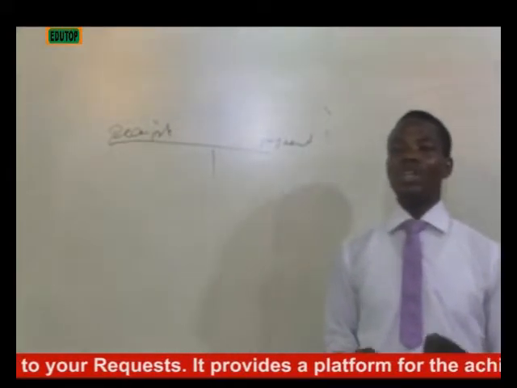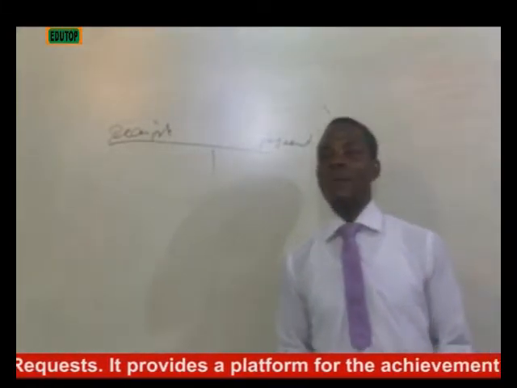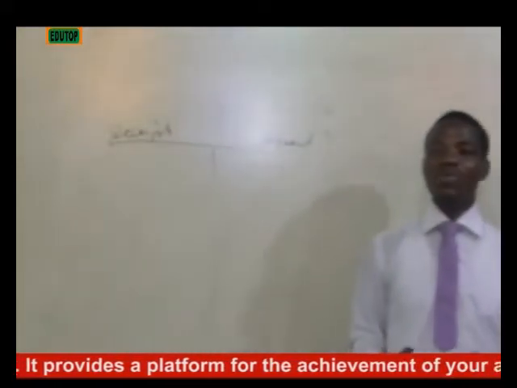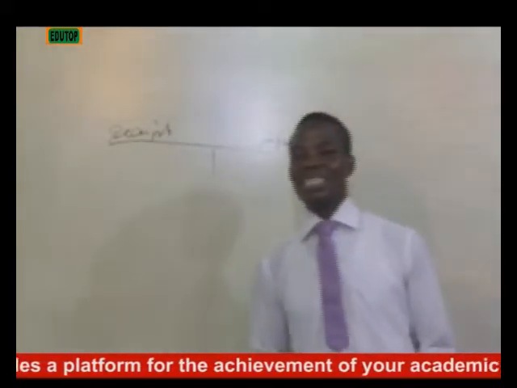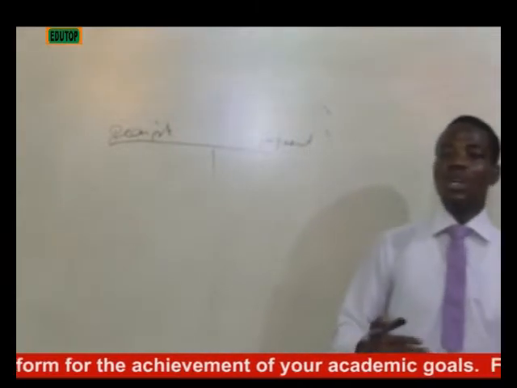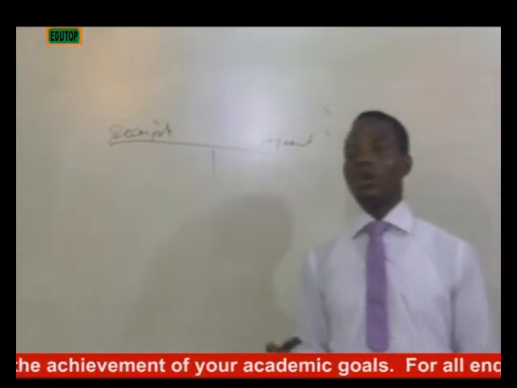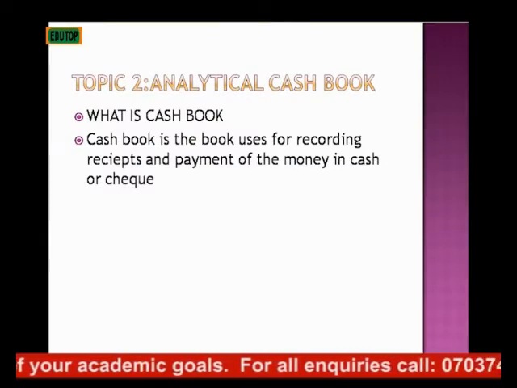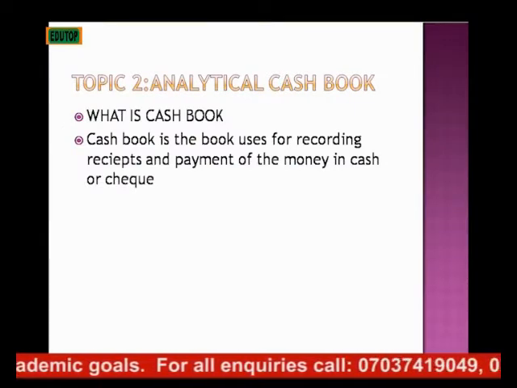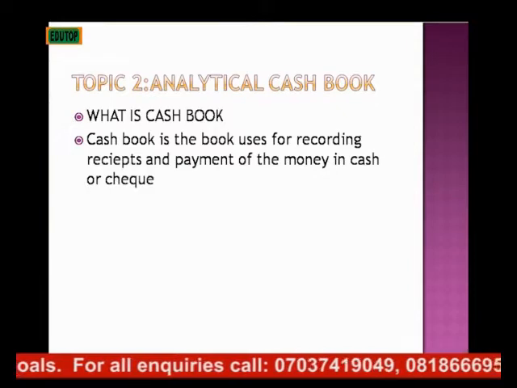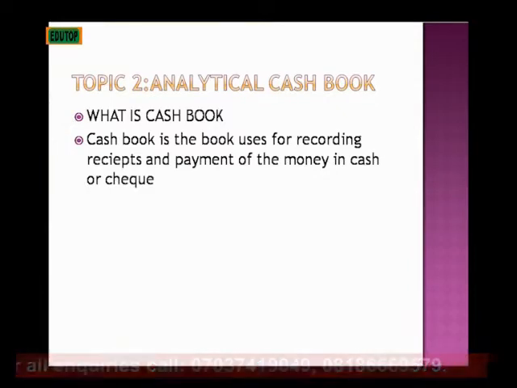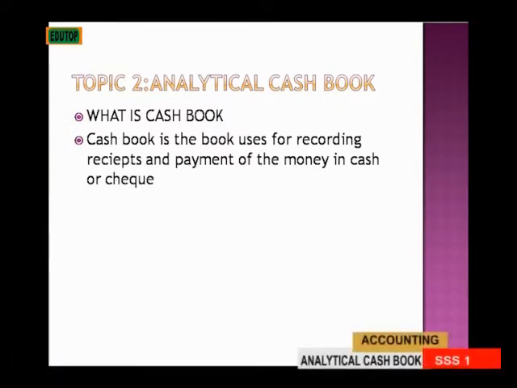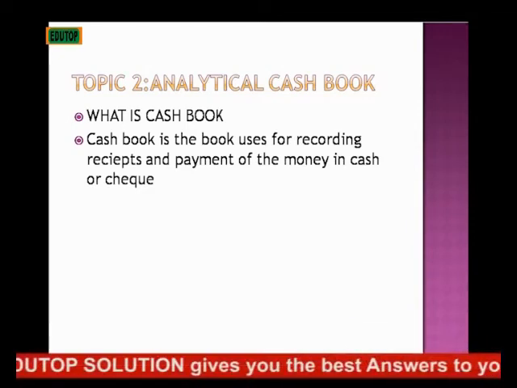Any account that you want to prepare must comply with the double entry principles, and that is why before we tackle all those topics, we discuss double entry principles, because that is the fundamental of accounting, and if you don't get that, it will cause disagreement in your accounts. So in a cash book we have a receipt side and a payment side.